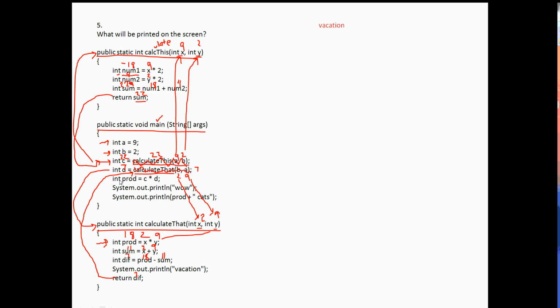Next line down, prod is now declared. It's not this prod, there's two different memory locations, and prod is declared to be whatever C times D is. Well, C is 22, says up here, and D was just assigned to be 7, so 22 times 7.